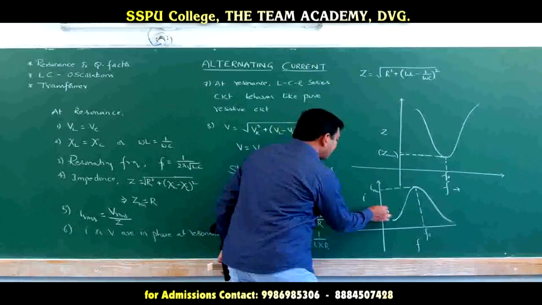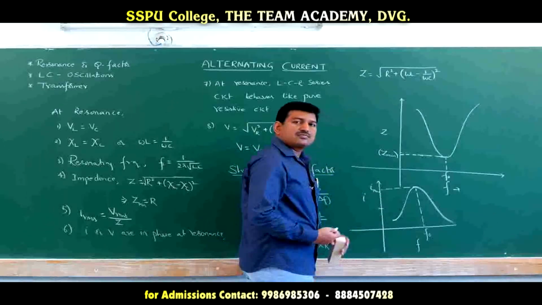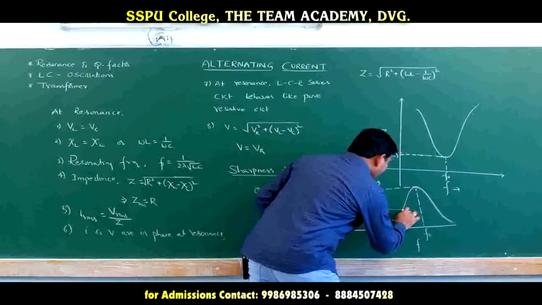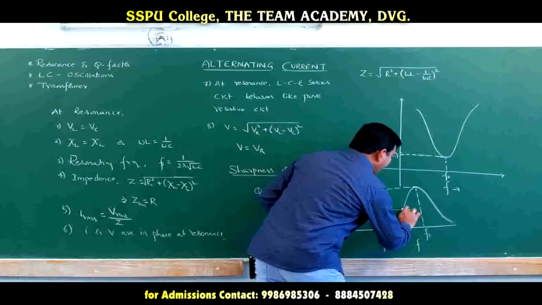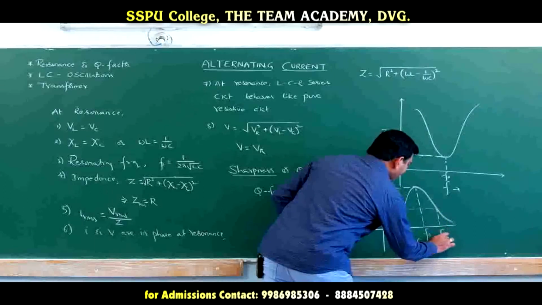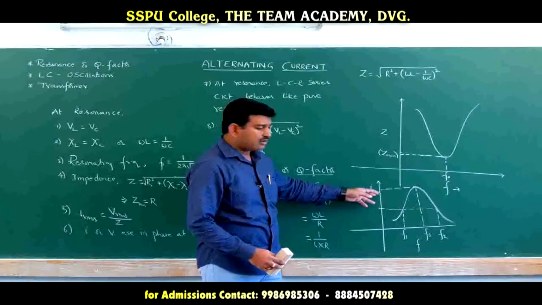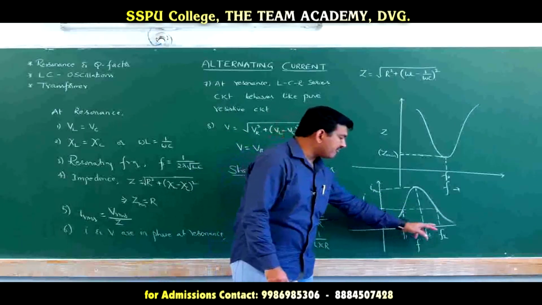Let me choose this particular current I. For this current, one frequency is there, let me take it as F1, and here there will be another frequency called F2. So for a particular current other than the maximum current, we are having two frequencies F1 and F2.